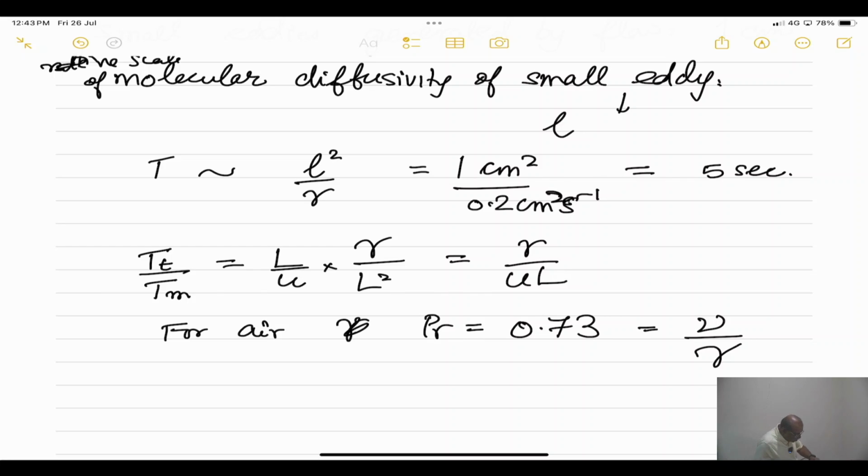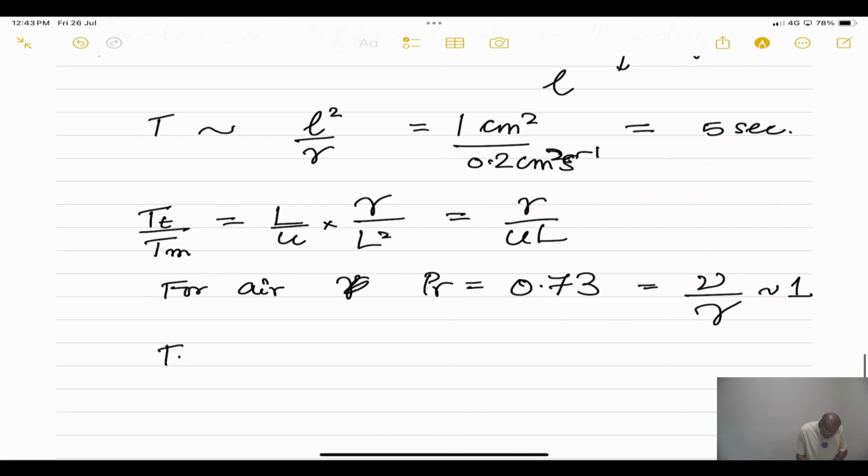So again, this is of order 1. Since this is of order 1, this time scale ratio will be of the order of nu upon UL. And why do I do this? What is nu upon UL? 1 by Reynolds number.